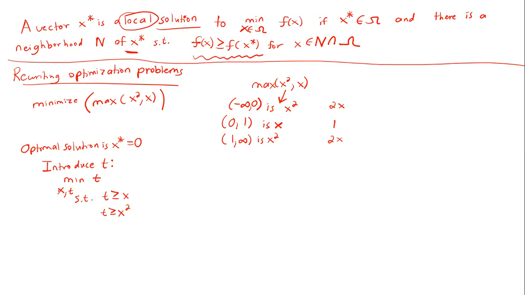In this case, now we don't have any minimize the maximum of the trade-off between two functions. But if we were to solve this, we should still be able to get our optimal solution as x star is equal to 0. And then we'll also get some value of t as well.